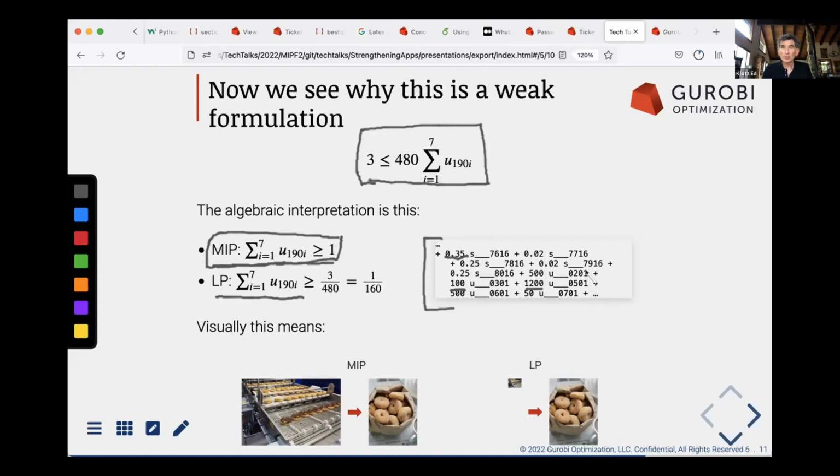And there's a high cost on all these U variables that we're adding up. So the objective is going to make this equal to 3 over 480, not greater than or equal to 3 over 480. So we can meet our demand, yet only operate at a fraction of the cost.